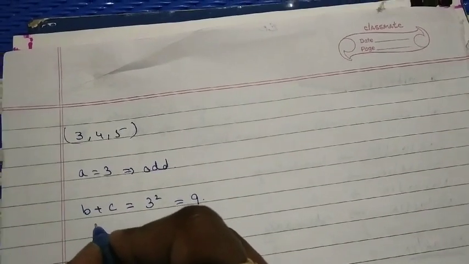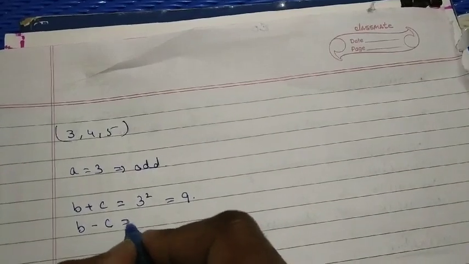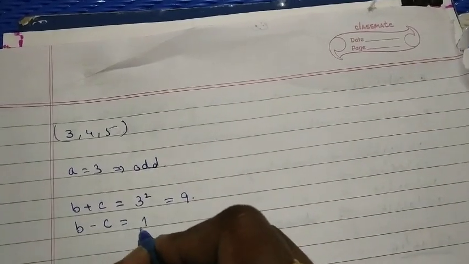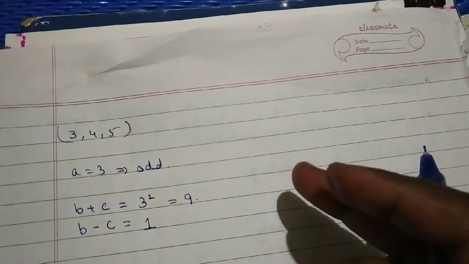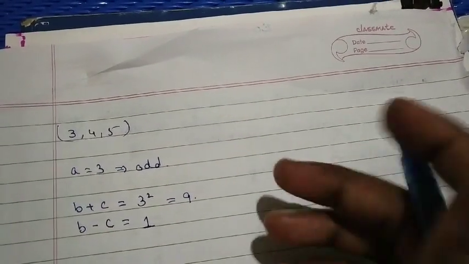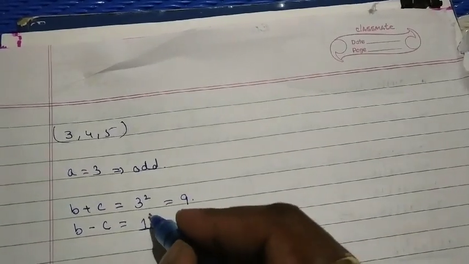And the difference of the two numbers is 1. So we need to select two numbers such that the sum is 9 and the difference is 1.